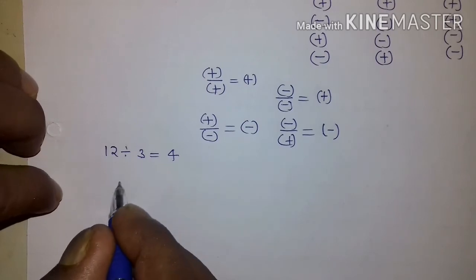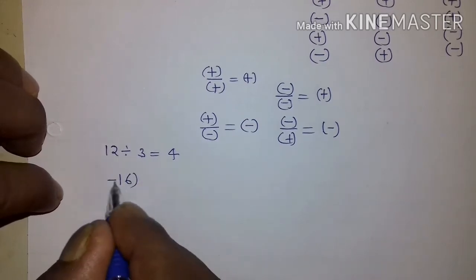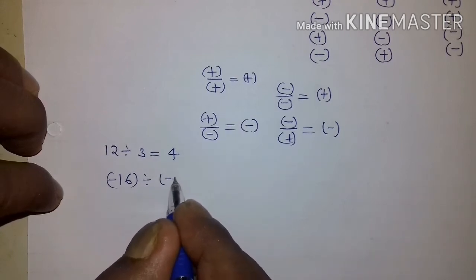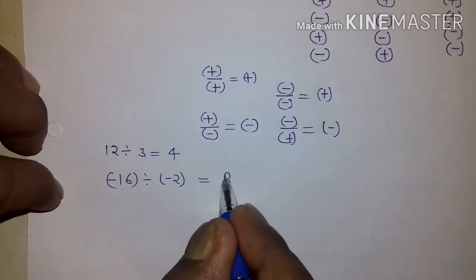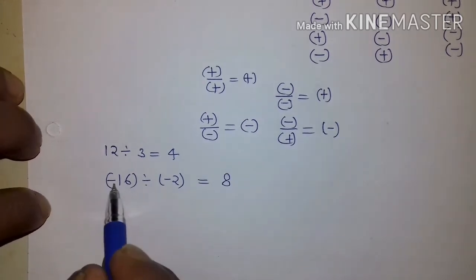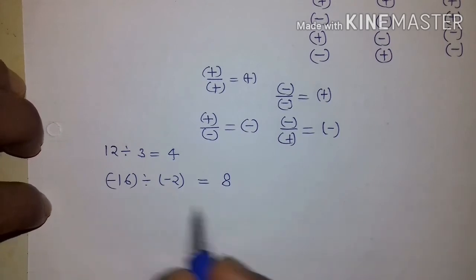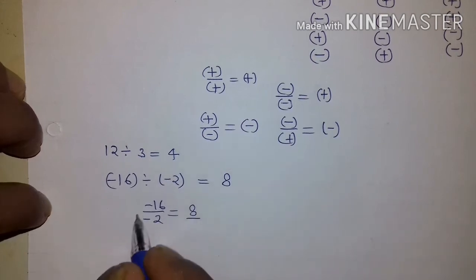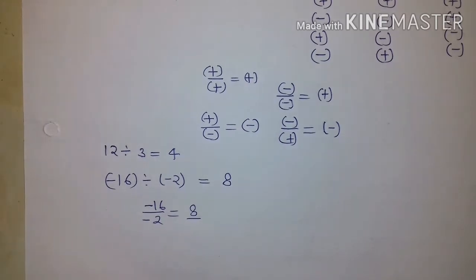If we take minus 16 divided by minus 2, what is the answer? 2 times 8 is 16. The answer will be positive because both are negative, hence the quotient will be positive. We write it this manner: minus 16 divided by minus 2 is equal to 8. The minus signs cancel out.